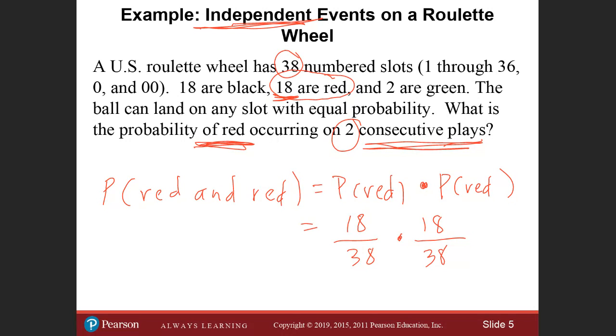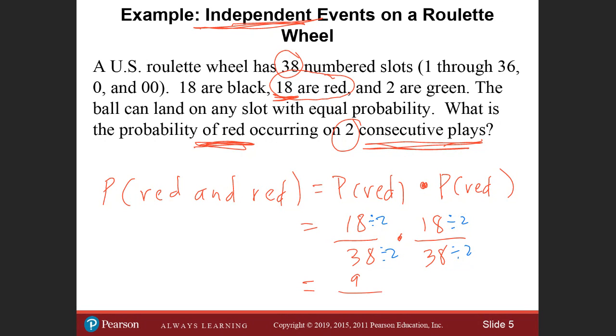And it seems that you can reduce the fractions here to multiply a smaller number. So we can divide this by 2 here, divide by 2, divide by 2 here, divide by 2 to have a smaller fraction. And we will have 9. 18 divided by 2 is 9.